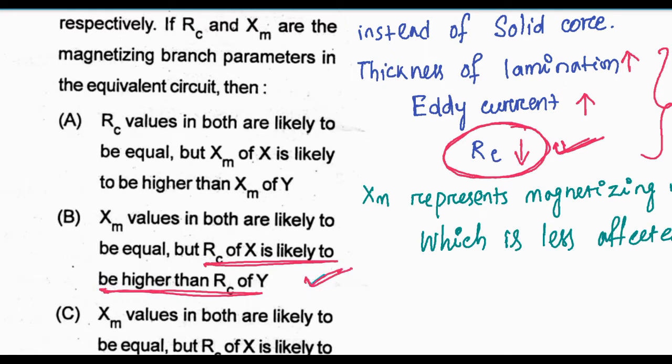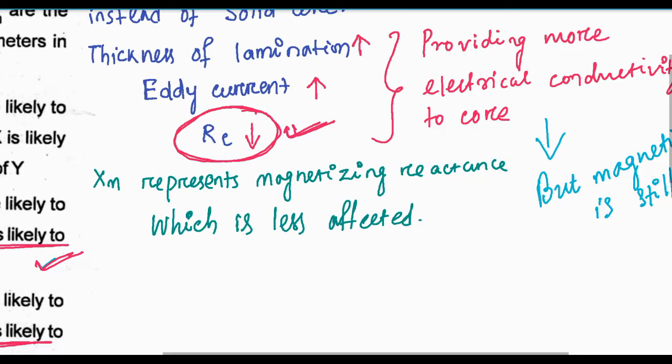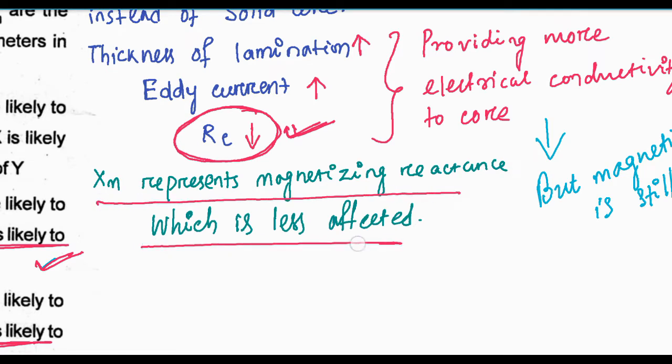And here, given that Xm values in both are likely to be equal. So what does Xm represent? Magnetizing reactance, which is less affected by lamination, because this Xm represents the magnetic path. We make the core to provide the magnetic path to the flux, not the electrical path.